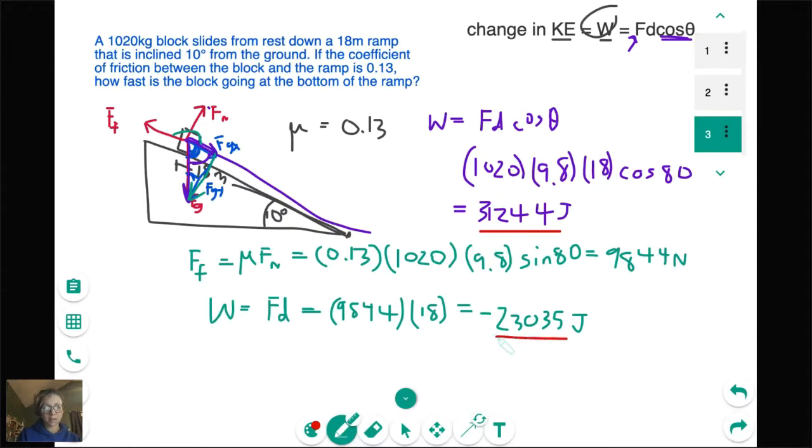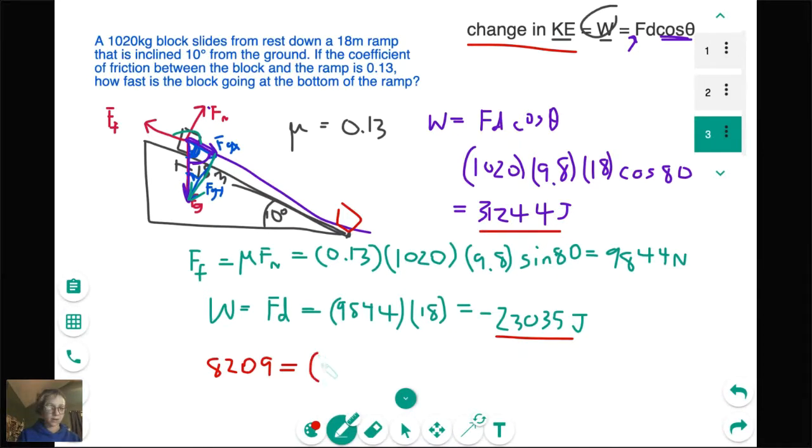So the net work done will be the difference between these two, or 31,244 minus 23,035. Or I can say the sum of these two because the minus is right there in this negative number. If I subtract those, I get 8,209. So that is the net work. And that is equal to the change in kinetic energy. Because it started from rest, that just means it's equal to the kinetic energy it has down there at the bottom. And I know kinetic energy is 1/2 mv squared.